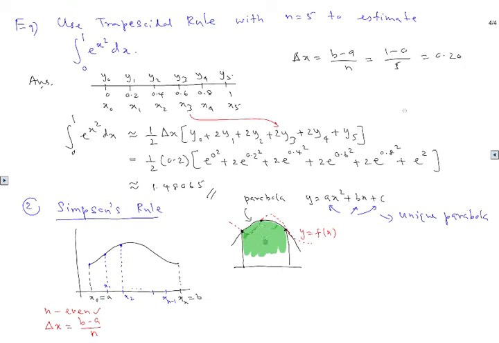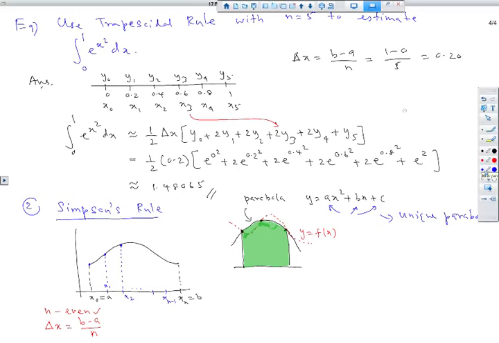That's the idea here. And you can see that when you try to find the error, this one has much less error compared to the trapezoidal rule. So what are these points now?